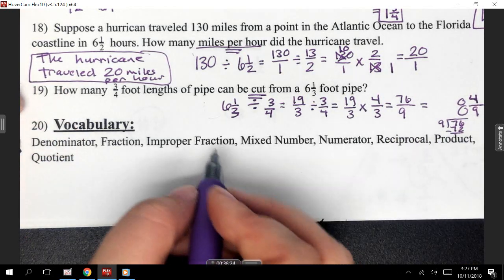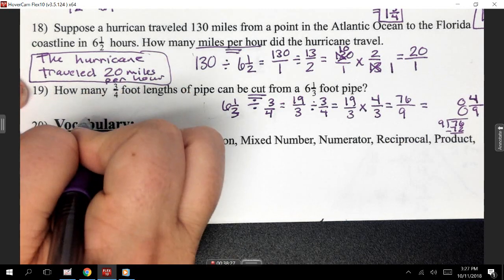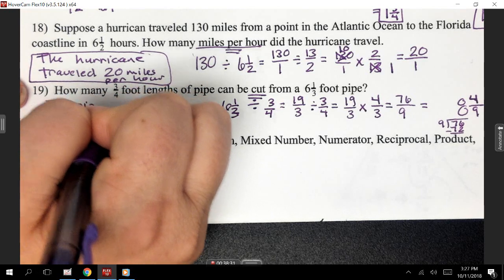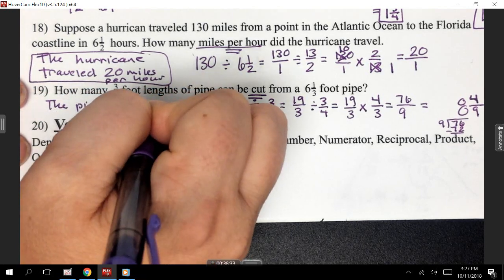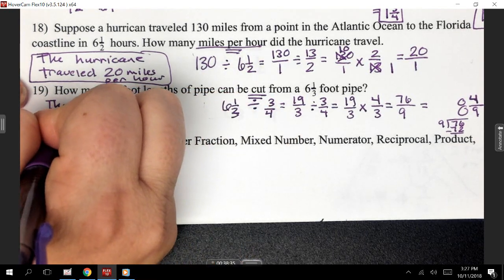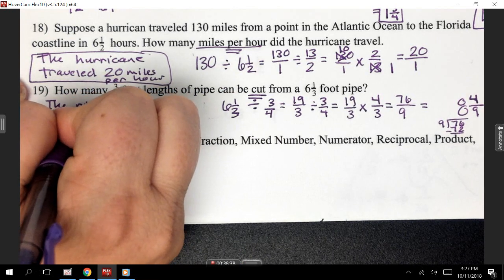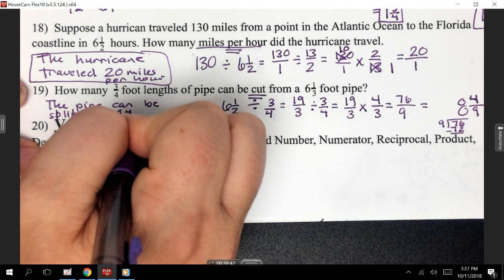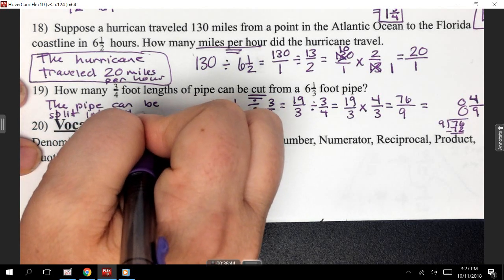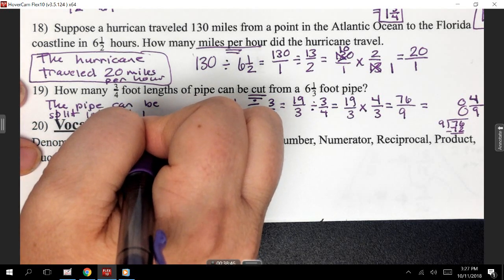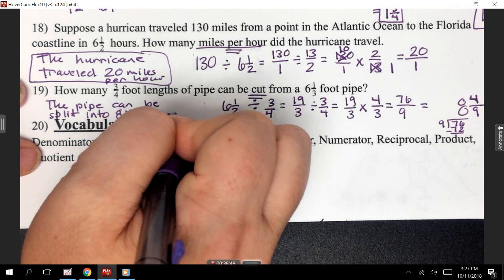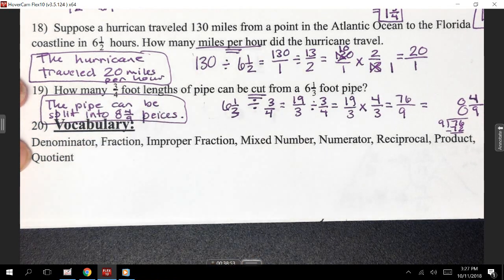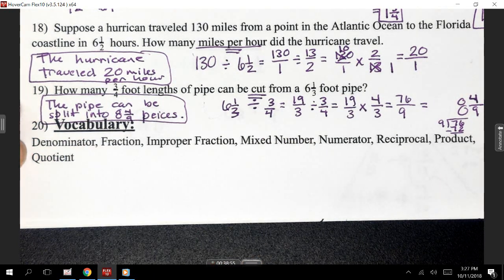The way I would write this answer is, the pipe can be split into 8 4/9 pieces. So it's not going to be split completely into 8. There's going to be 4/9 of a piece left over.